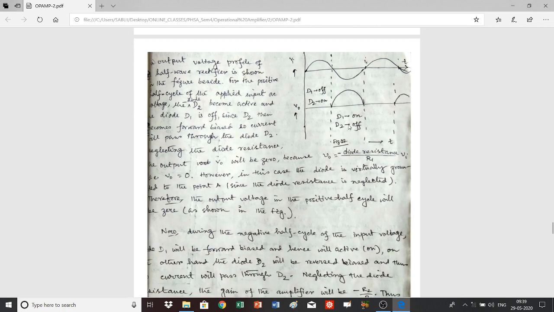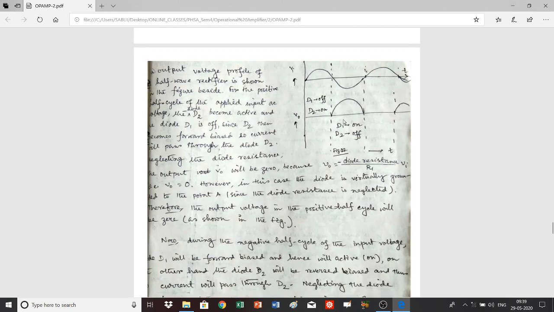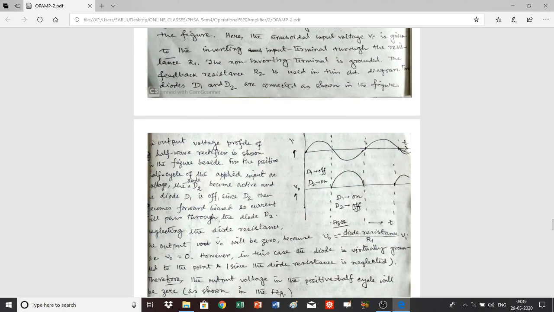So in the negative half cycle of the input voltage, there will be no output current, and in a similar way for the next half cycle, there will be no current, no voltage, and for the next negative half cycle there will be a voltage.